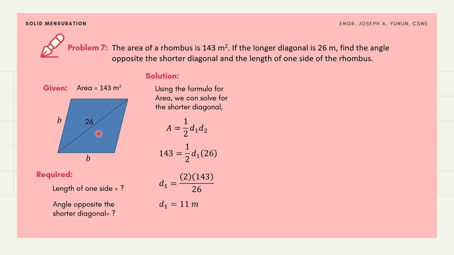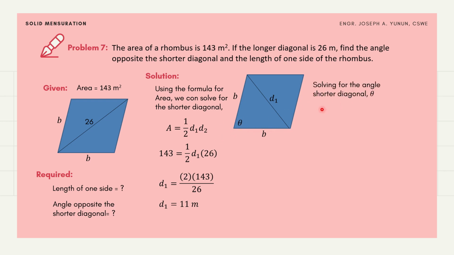Okay, from this given, I have solved for diagonal 1, which is the shorter. Now I have the sides and then an angle. So solving for the angle of the shorter diagonal, you can use this formula. It is stated in the discussion earlier.